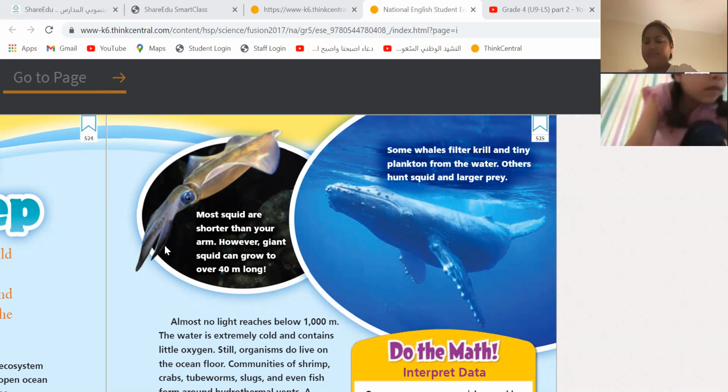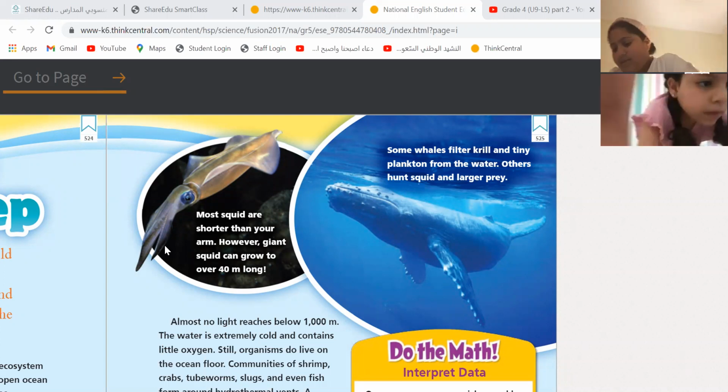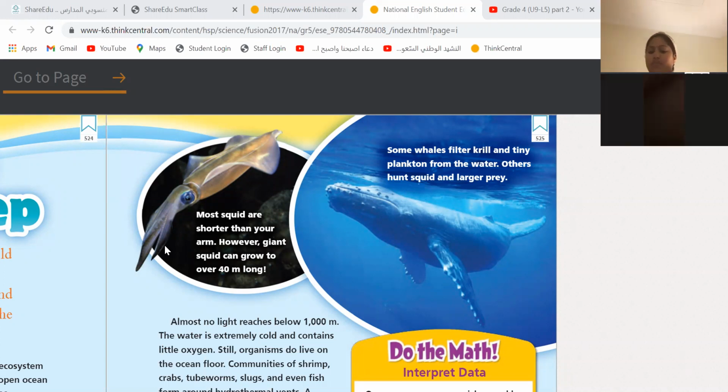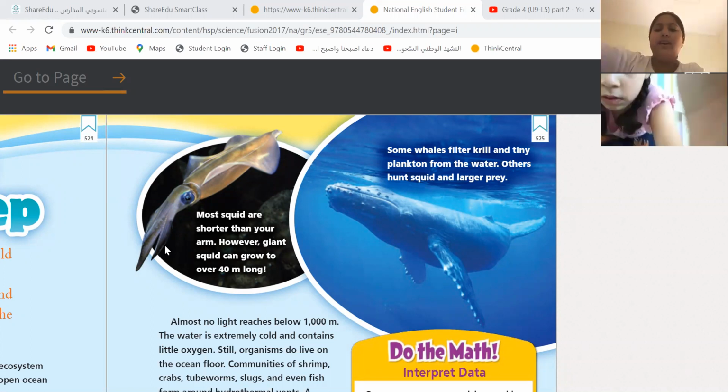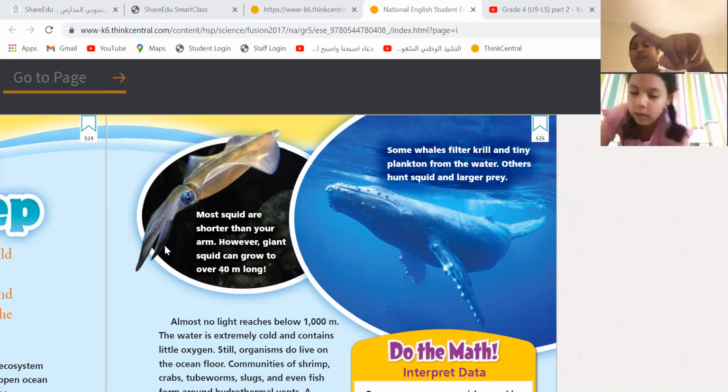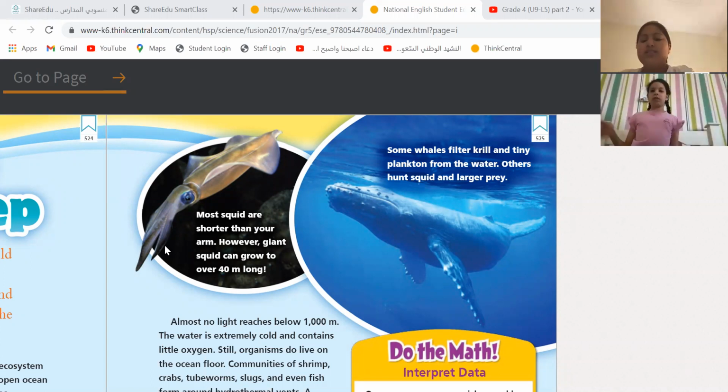Imagine that a creature that is shorter than your arm can be 40 meters long. How is that even possible? My finger is bigger than the squid. Yes, but it can grow up to 40 meters long if it's living down deep in the ocean. Yes, it can happen.